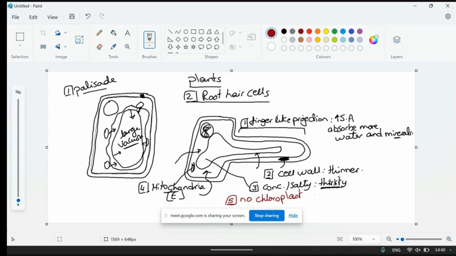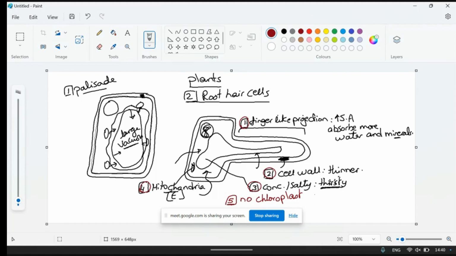It's only because they are found underground, with no sunlight, so they do not need chloroplasts because they cannot do photosynthesis anyway. So if the question asks for an adaptation related to the function of the cell, you can mention any of these four adaptations, and their function is to increase the absorption of water and minerals. But you cannot say that they don't have chloroplasts, because not having chloroplasts is an adaptation, but it will not serve or help in its function.